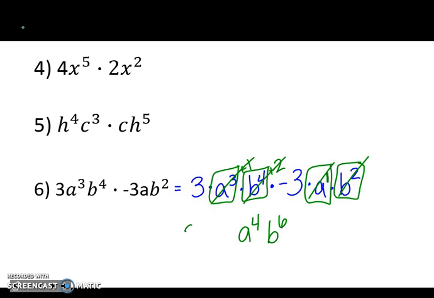So then I still have a whole number of 3 and a whole number of negative 3. So I have to actually multiply these numbers together because that's what this sign is telling me to do. So 3 times negative 3 is a negative 9. Guys, remember that it's okay to have negative bases.